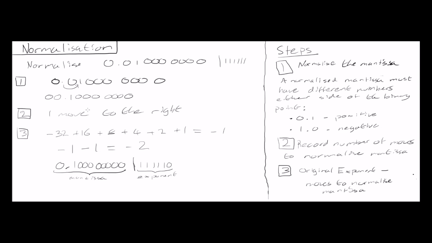Okay, so in our final binary floating point number here, this is our normalized version of this number. That's my mantissa and that's my exponent. I'm now going to move on to another example of normalizing a floating point number.